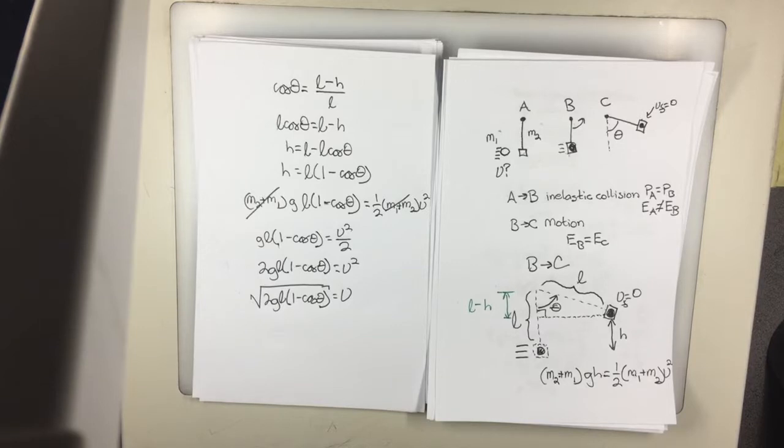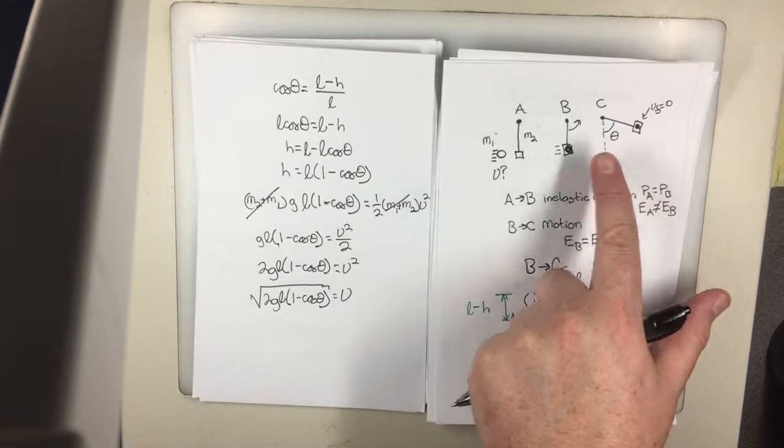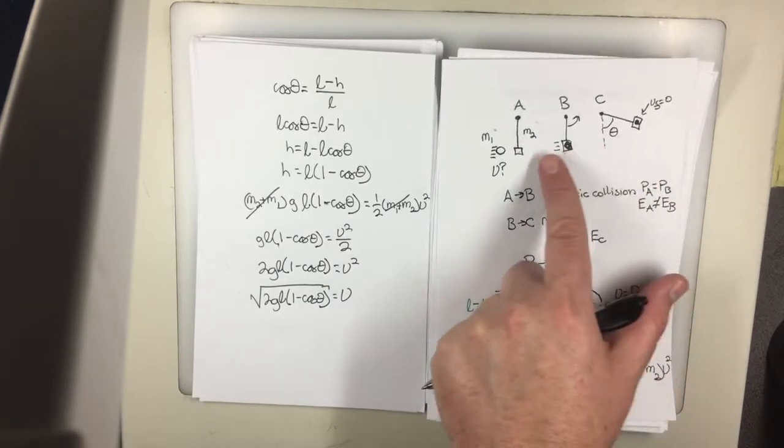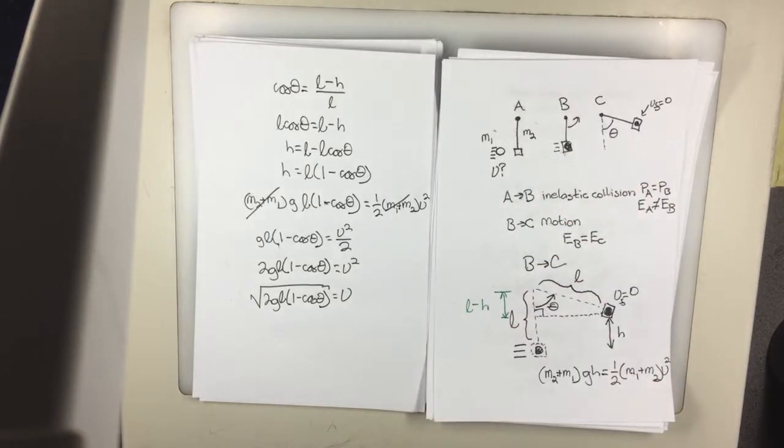You push it, the kid reaches a particular height, and you can measure the angle at which it comes to a stop. Now, if you push it with 5 meters per second velocity, and it goes up to a height, stops, and comes back down, it will come at you with a velocity of 5 meters per second. So we're allowed to work forwards and backwards through this part in order to get the answer.